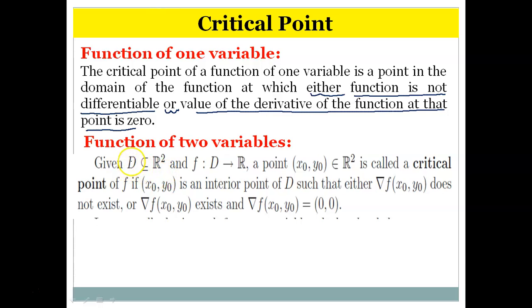You are given a set D subset of R square, and f from D to R, definitely a function of two variables, because D is in R square.